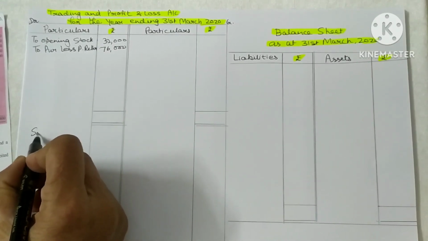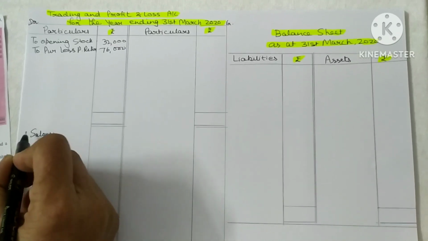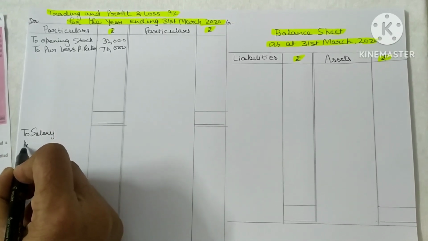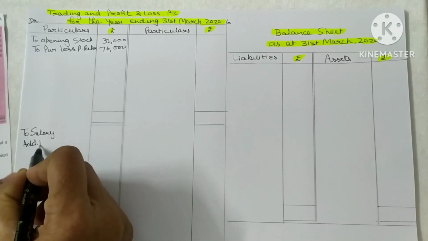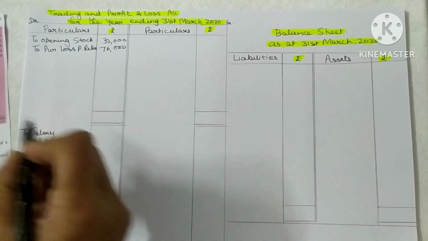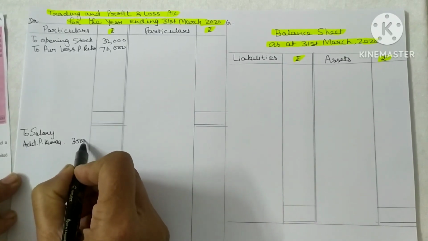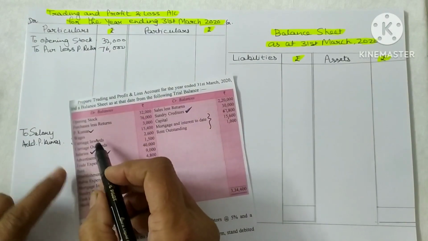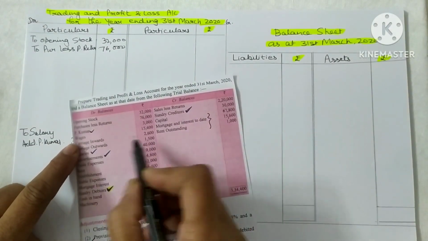So you have to write salary, less, add P. Kumar salary, that is 3,000. Okay, next is wages.